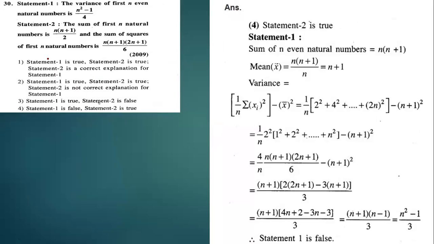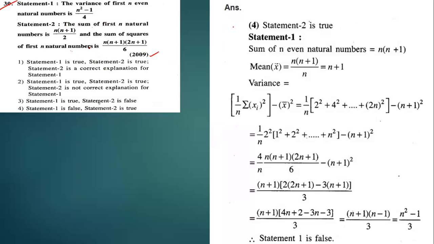Okay. Question number 30. See, 2009. What is the question? See, dear students. The variance of the first n natural numbers. What is the formula?